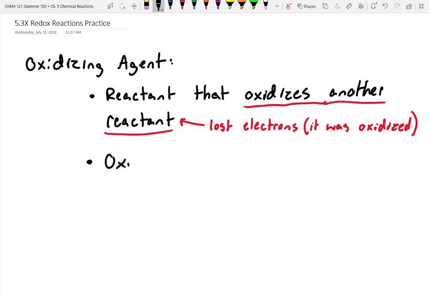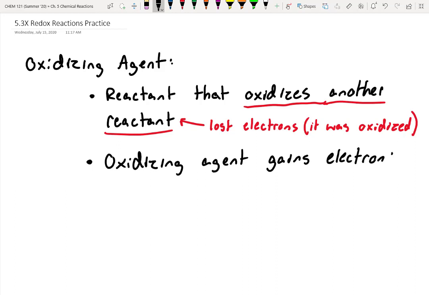An oxidizing agent gains electrons from whatever is being oxidized.